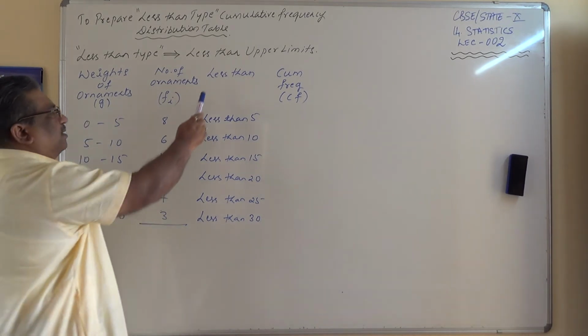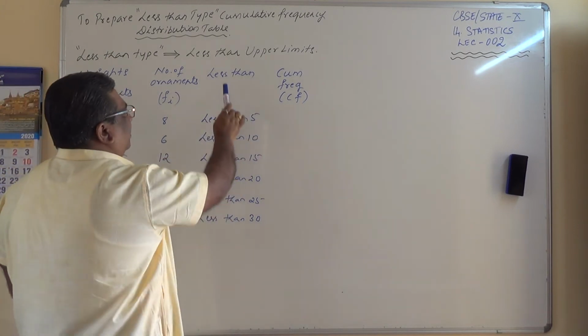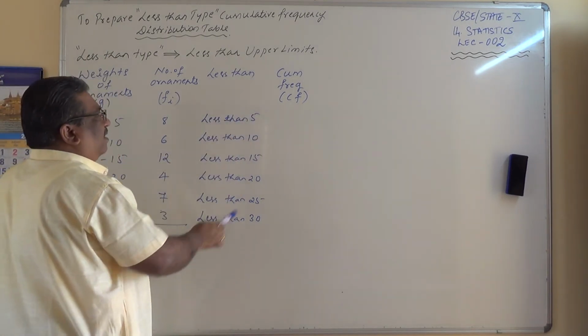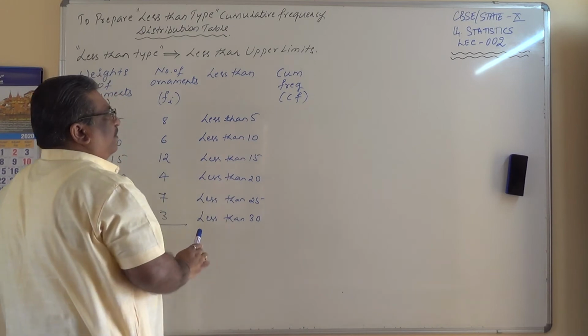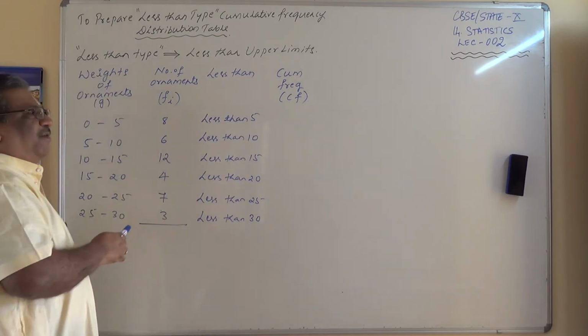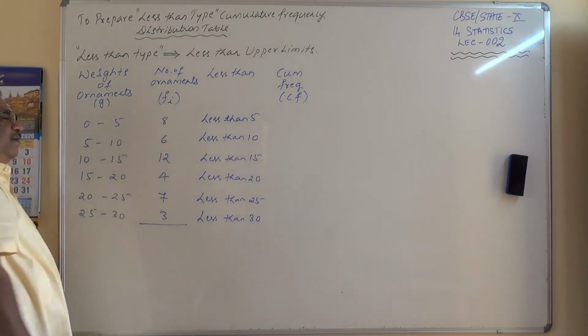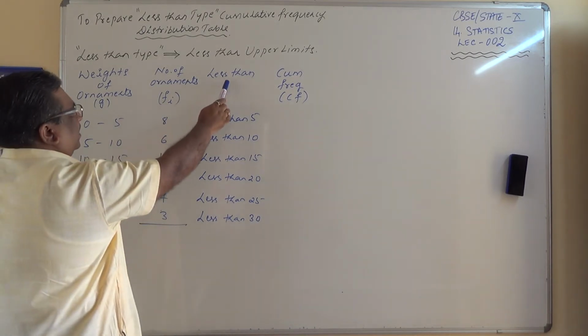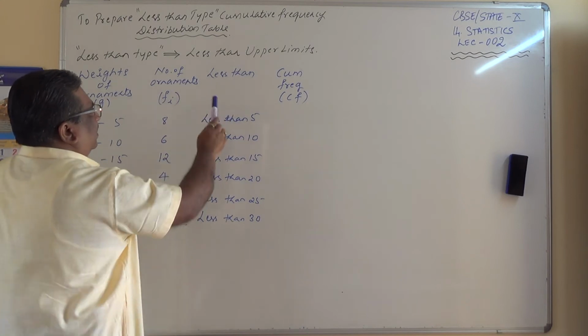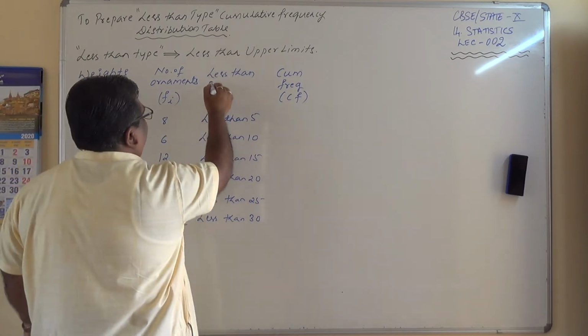Now here the less than table we will prepare. This is the less than column here, and then the cumulative frequency. We have to prepare the less than type of cumulative frequency distribution table. These are the two columns given to you. So I have added an extra column here, that is called less than. Less than what? Upper limits I'll write.